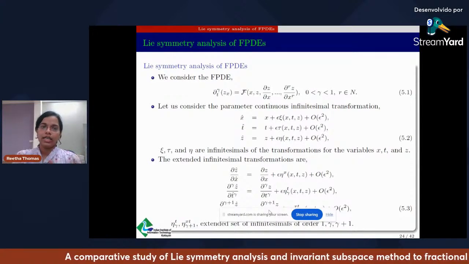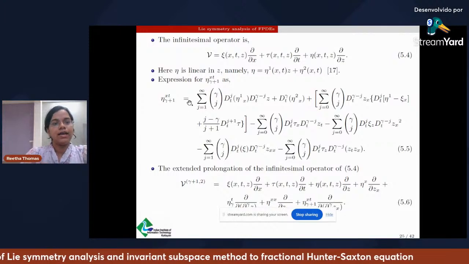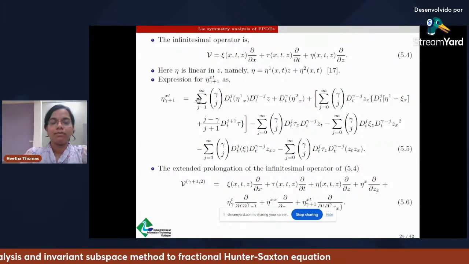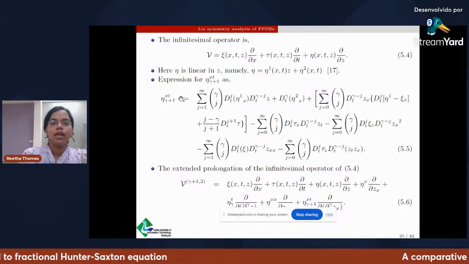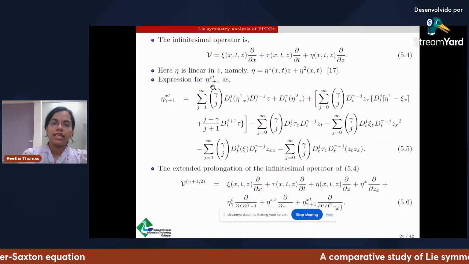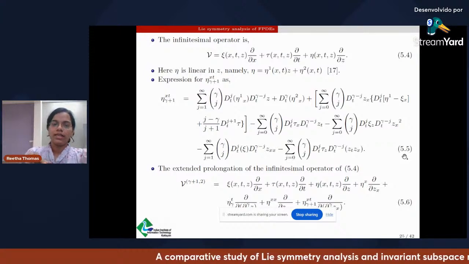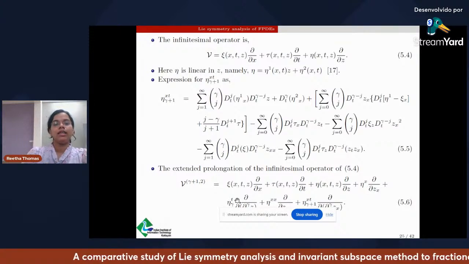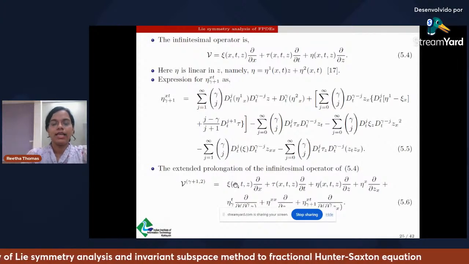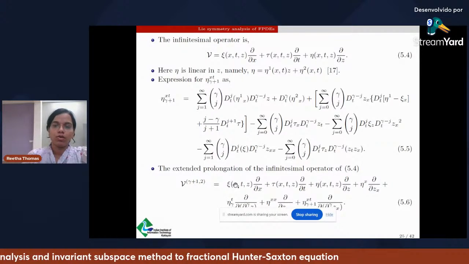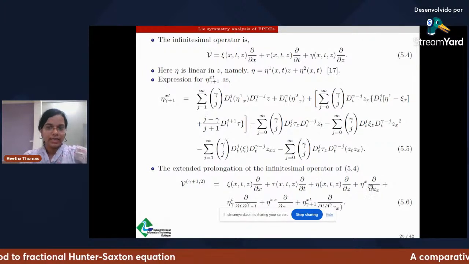And in our paper, we already derived the formula for eta^{gamma+1,xt} for the differential difference equation. Similarly, we can obtain the expression for eta^{gamma+1,xt} as 5.5. Using this expression, we can obtain the infinitesimal operator as psi ∂/∂x plus tau ∂/∂t plus eta ∂/∂z plus eta^x ∂/∂z_x.